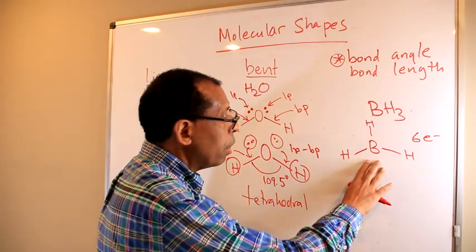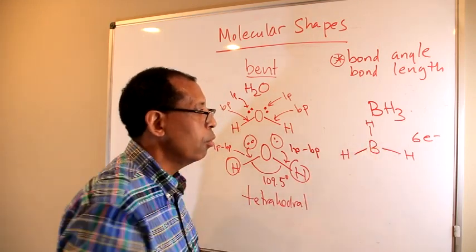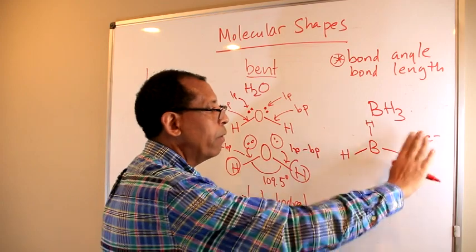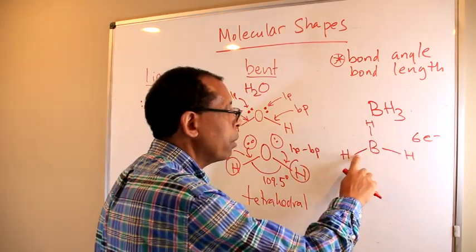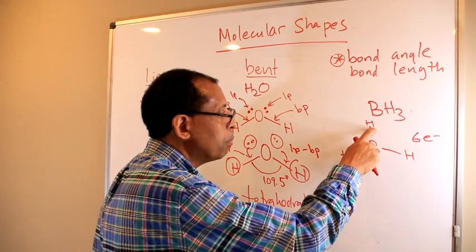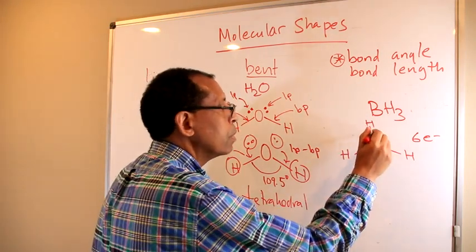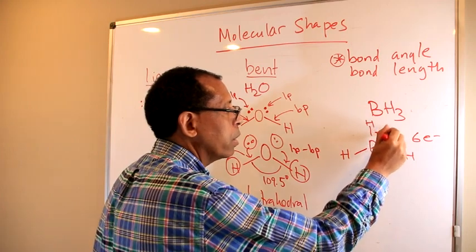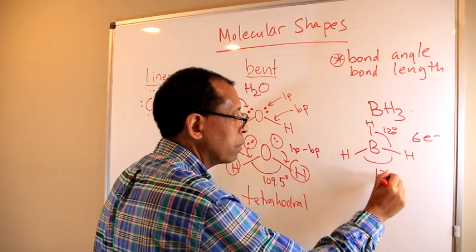But here, borane has not a bent shape because it doesn't have lone pair, and it's also flat. And the bond angle between the bond pair and bond pair, this bond pair and this bond pair, is 120 degrees.